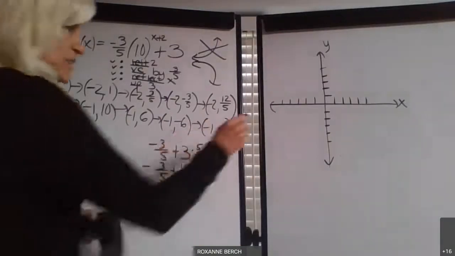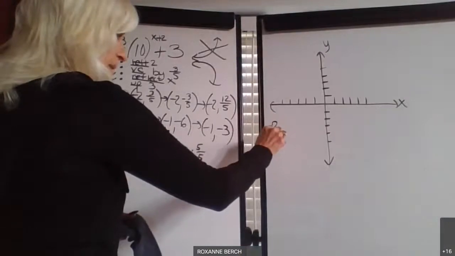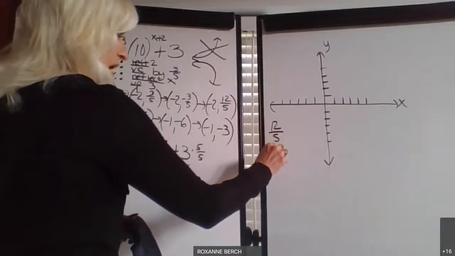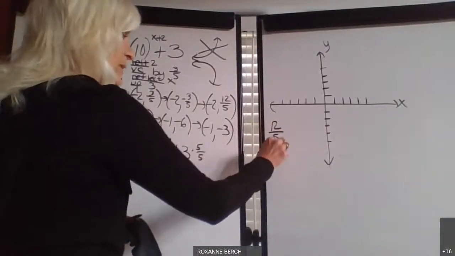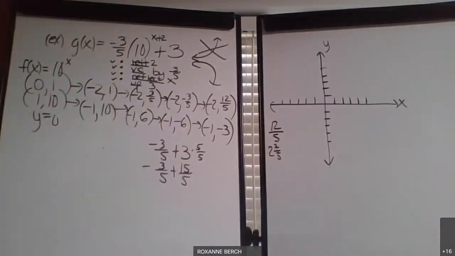So remember how to change this improper fraction to a mixed number. 5 times what is 12, and put the remainder on the top, would be 2 2/5, correct?